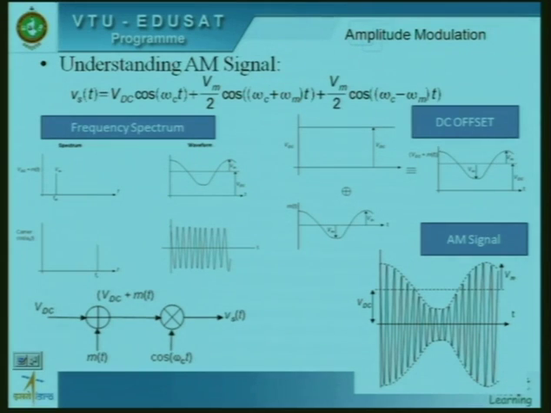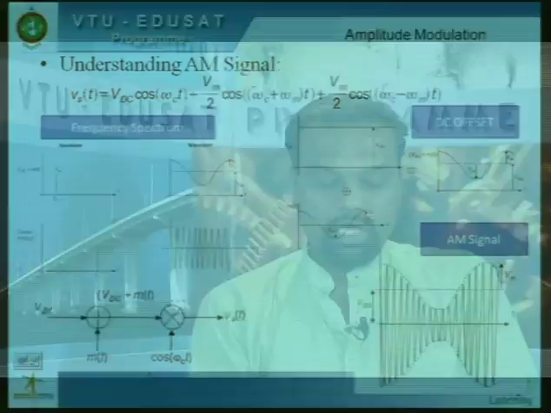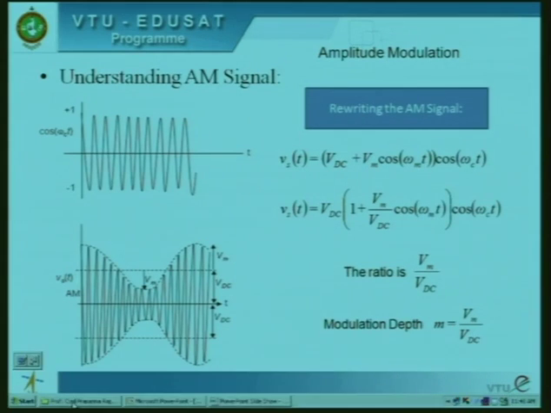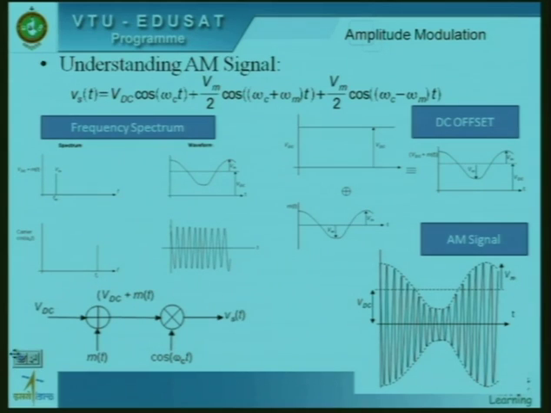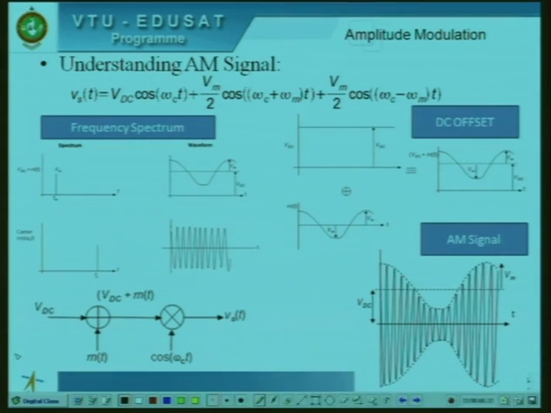The three components we obtained after modulation are, first, VDC cos of omega ct, which is the carrier signal. The second component is Vm by 2 cos of omega c plus omega m. The third component is Vm by 2 cos of omega c minus omega m.